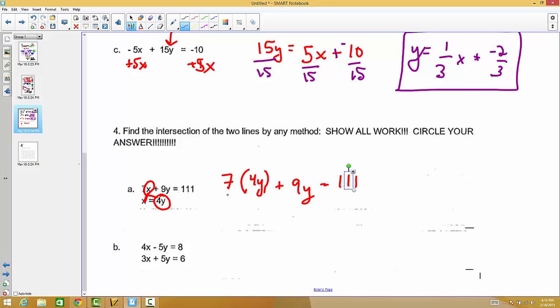So you have a 7 times a 4y. So this is 28y. These y's are on the same side of the equation, so you're just going to put them together. 28 plus 9, well 28 plus 10 is 38, so 28 plus 9 is 37. And then you need to get the y completely alone, so you're going to divide by 37.